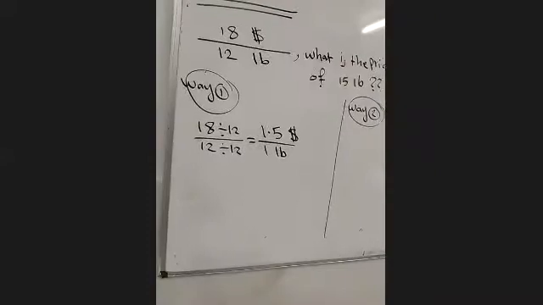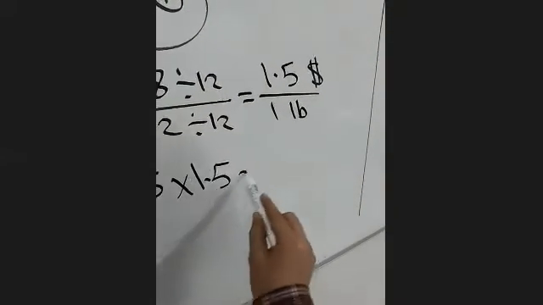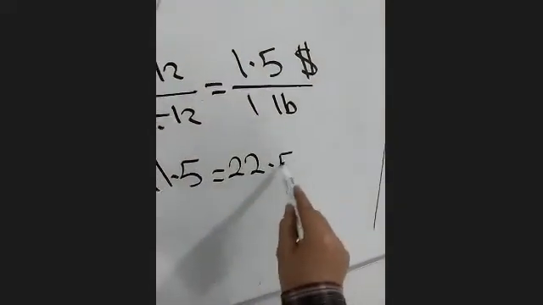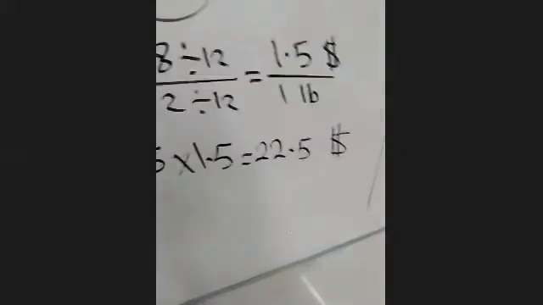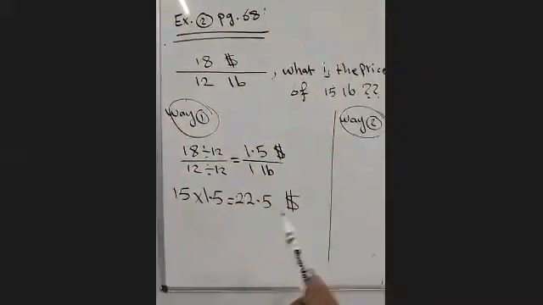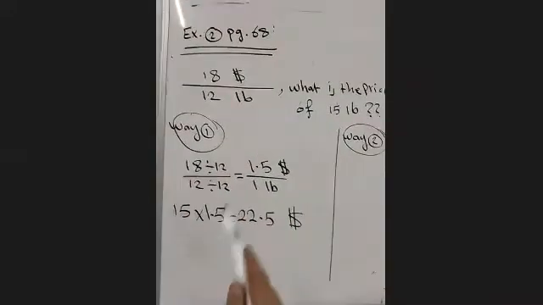Multiply. Excellent. 15 with 1.5. Excellent. So I'll multiply 15 with 1.5. If you multiply them, guys, it will be 22.5 what? Dollars. So now the price of the 15 pounds is $22.5. This is way 1, how we do way 1.